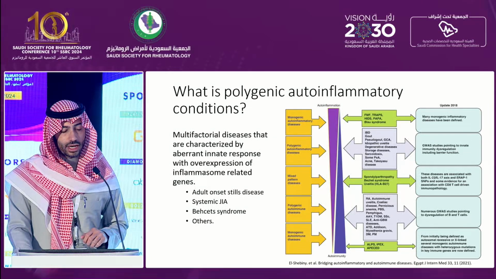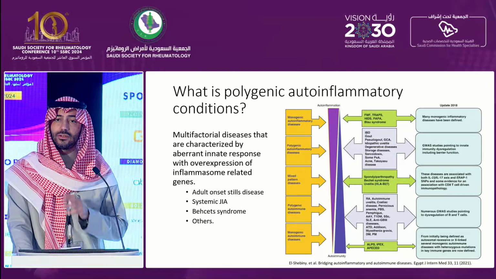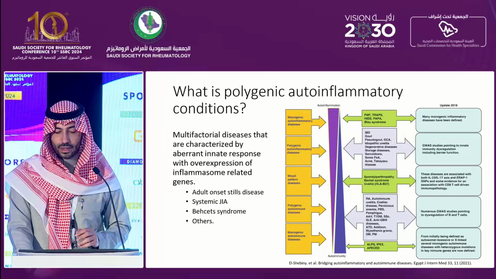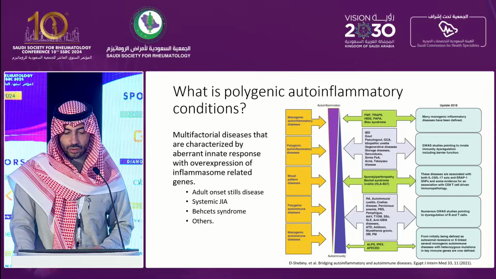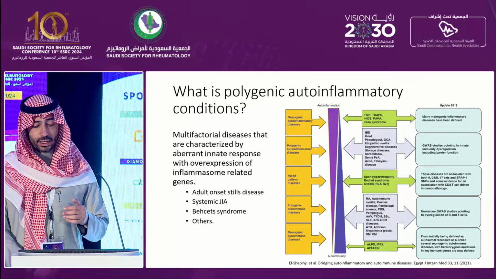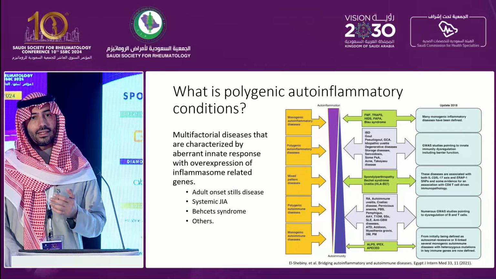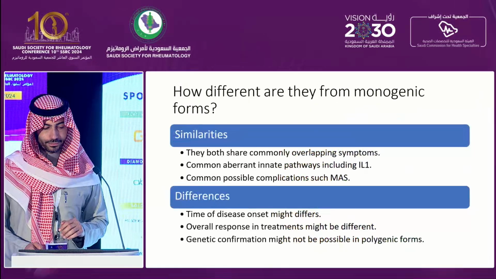We have systemic JIA, and to a major extent, Behçet syndrome or Behçet disease. We can talk more about the debate over whether that's a pure vasculitis or autoinflammatory, but this is a very important focus. You will see that this group actually goes beyond, and can involve many of the diseases that we take for granted as part of, for example, seronegative inflammatory disease.